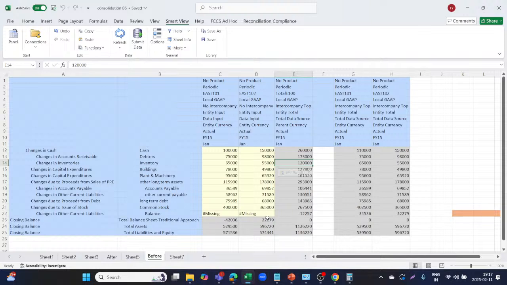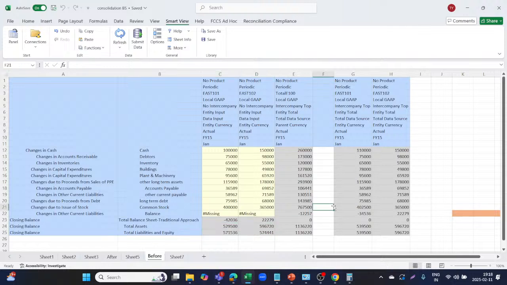Now you can see the balance amount is coming over here, and under total balance sheet traditional approach you get 0 and your assets and liabilities are equal, although they were not. Now the differential amount, that is the difference of these two, whatever the difference is, it brings over here, that is 12257, and it makes your assets and liabilities equal.